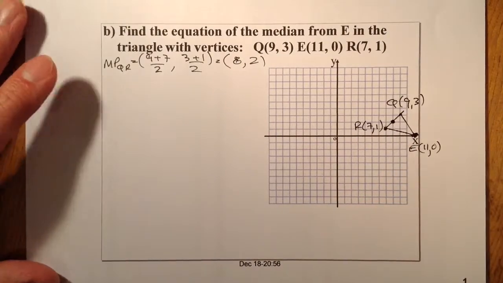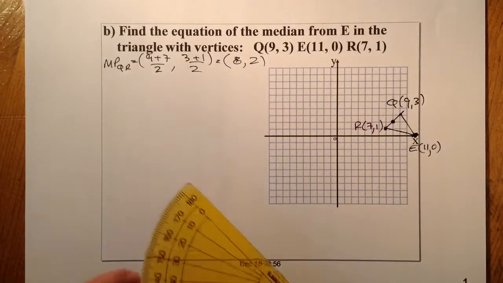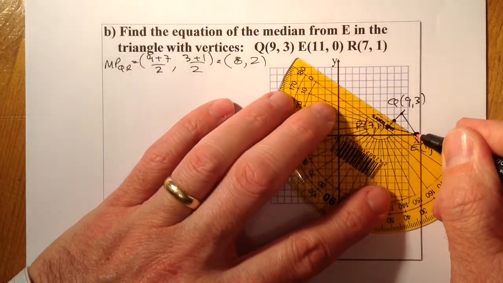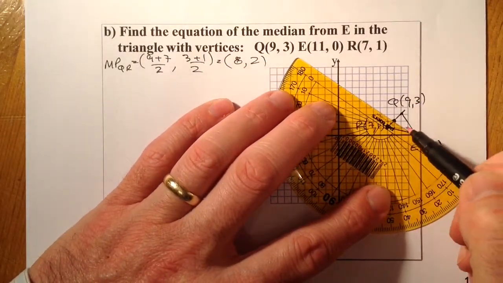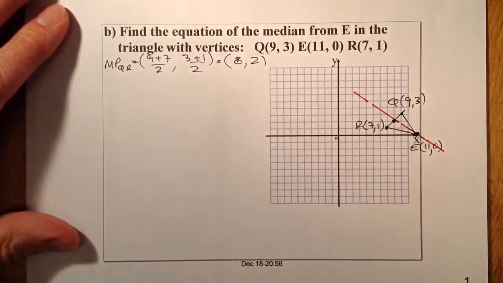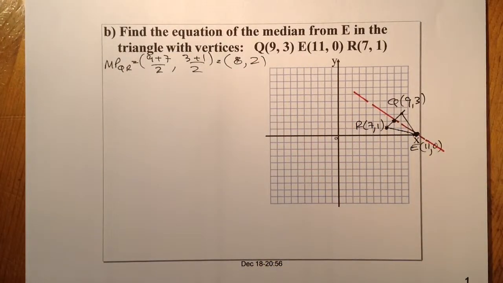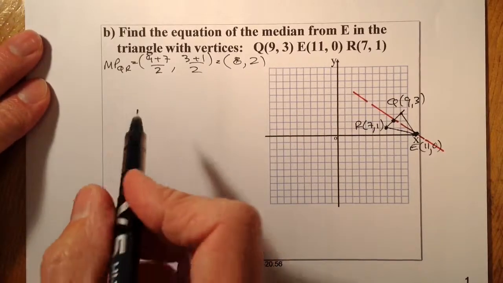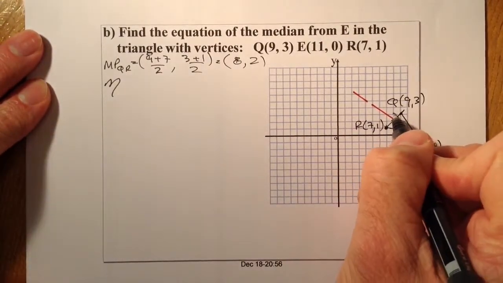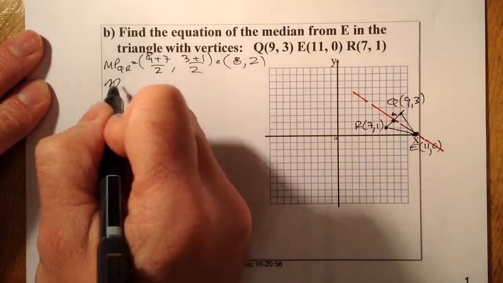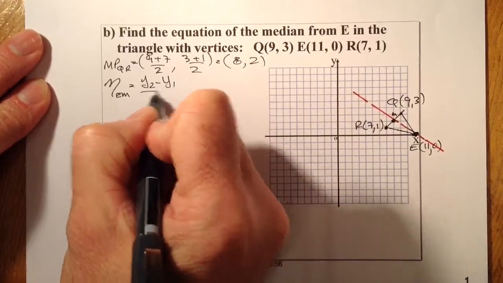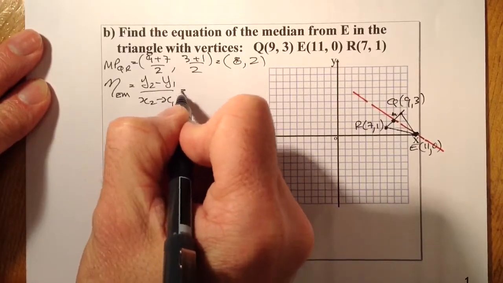I'm then interested in the line that's called the median, okay, which will be this one here. So it runs something like that there. Okay, so that's the line that we're interested in working out the equation of. So let's go for getting the gradient of that line first. So that was E, let's call this point M. So I'm going to go for EM, y2 minus y1, all over x2 minus x1.